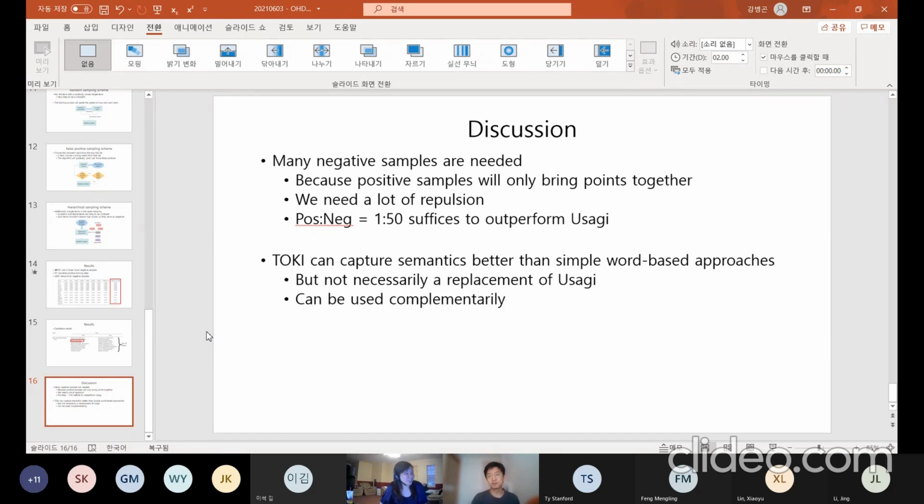I find it very interesting. Like you mentioned earlier, I would love to see if there's an interest in the community in looking at Toki and Usagi together, because then it gives us a better chance of matching these terminologies.